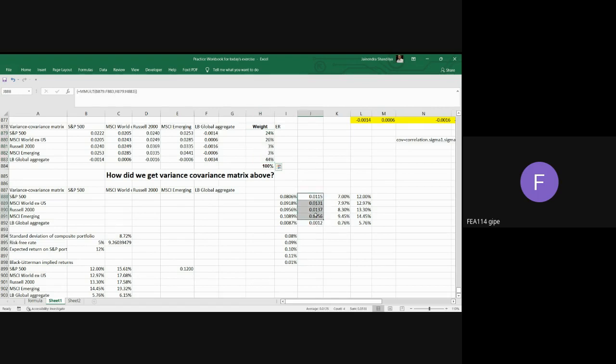Just see here: what I have done in this case is I have multiplied the variance covariance by the weight factors. So the same thing, to save time, I'm copying that and bringing it here.